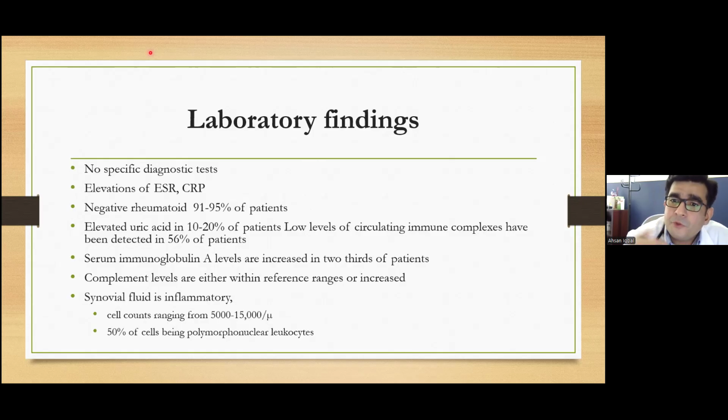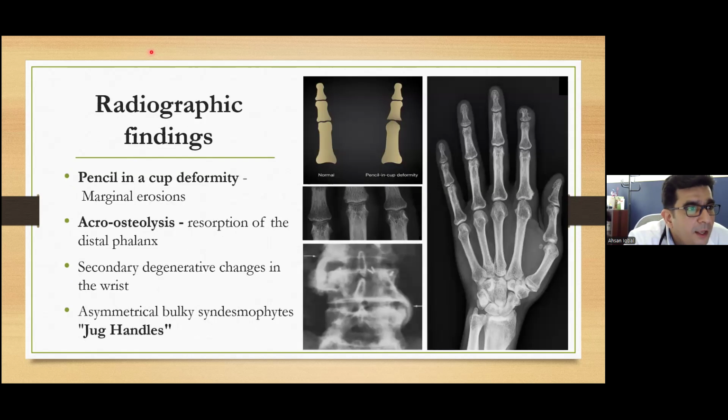They have a high skin turnover, and that can precipitate uric acid levels to go up and gout flares in these patients. So it's good to have a good idea about the uric acid levels. And then, of course, if you happen to tap the joint, you'll see increased cell count and increased polymorphonuclear leukocytes in their synovial fluid.